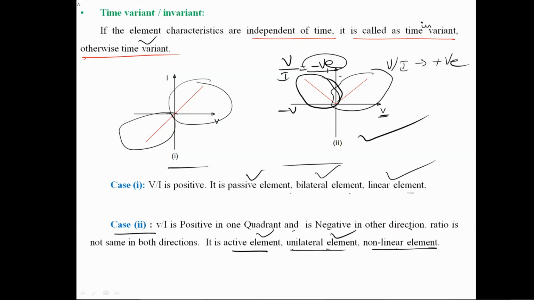Therefore overall V by I will become negative. In the second quadrant it is negative, whereas in the first quadrant it is positive, and therefore elements with this sort of VI characteristics we call active elements, unilateral elements, or non-linear elements.